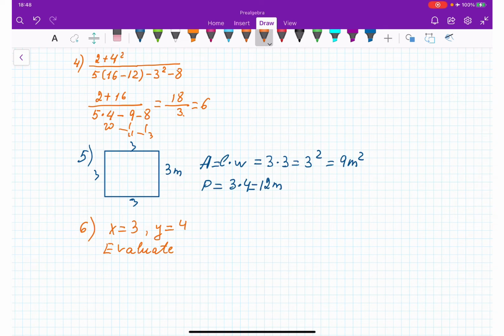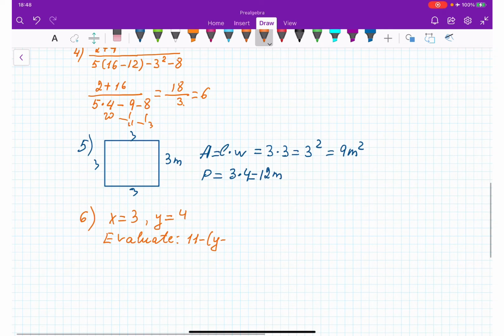Evaluate 11 minus y minus x. We evaluate, no problem. 11 minus 4 minus 3, right? 4 minus 3 is 1. 11 minus 1 is 10.